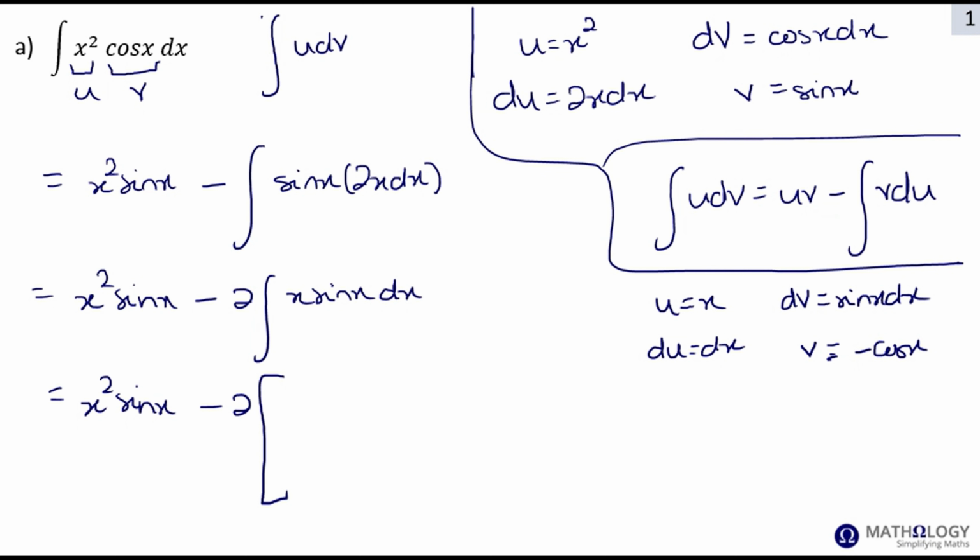This over here is u dv. So we have uv, which is x times minus cos x. So it's minus x cos x minus the integral of v du. So it'll be minus cos x, and du is dx.